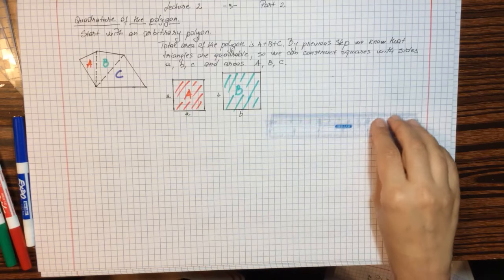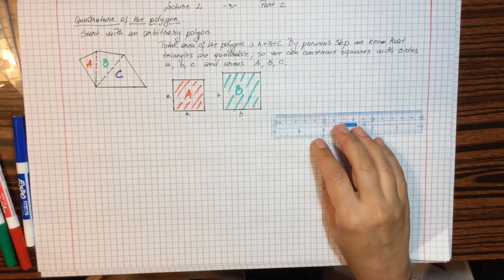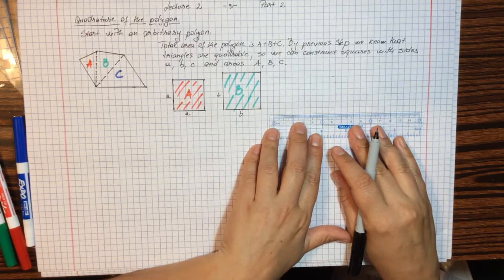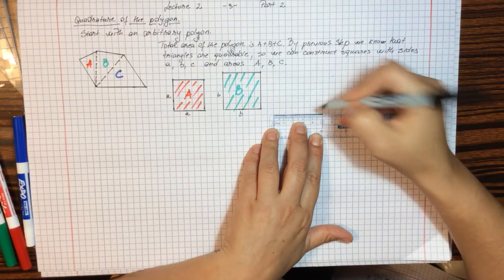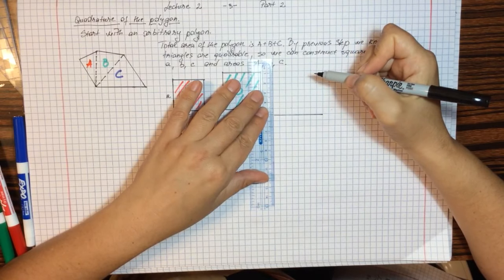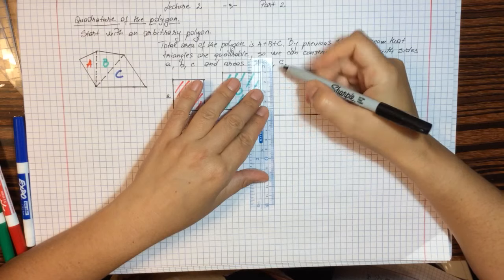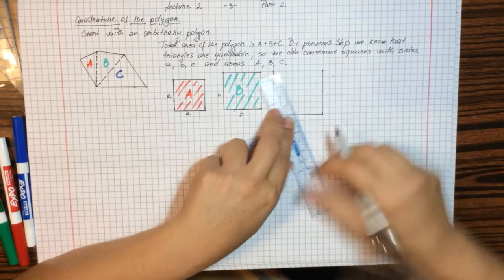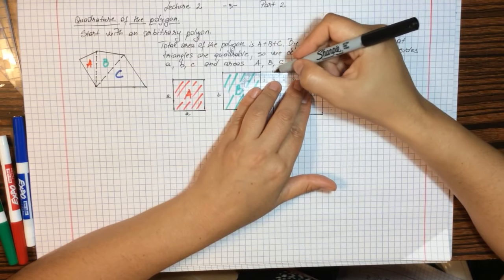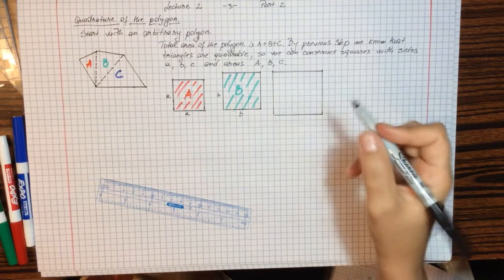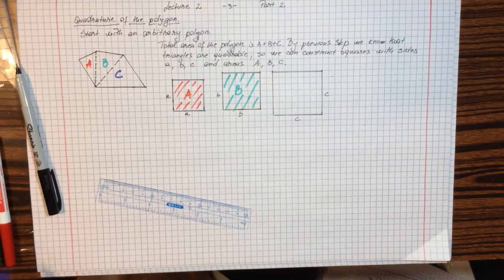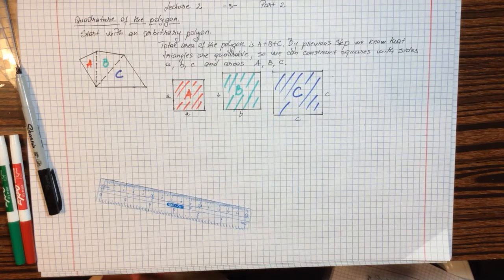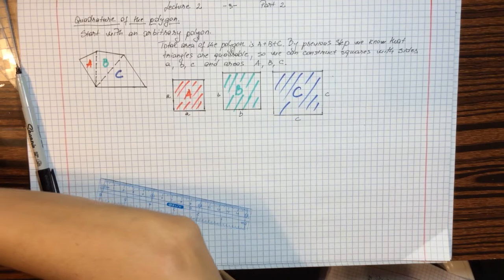And let's say we have constructed the larger square with area C. So side c, and this is the square with area C, which is the same area as this big triangle.